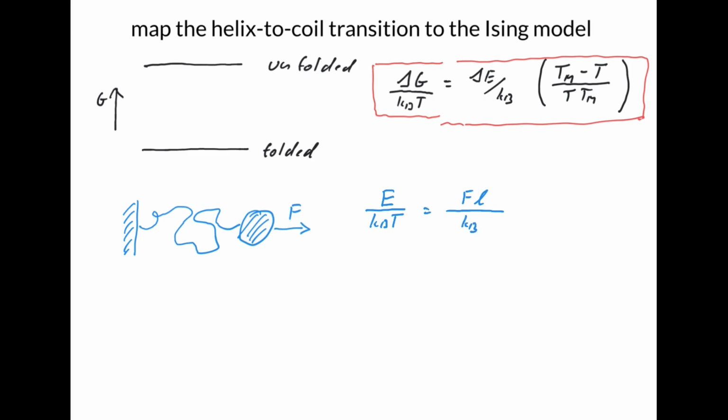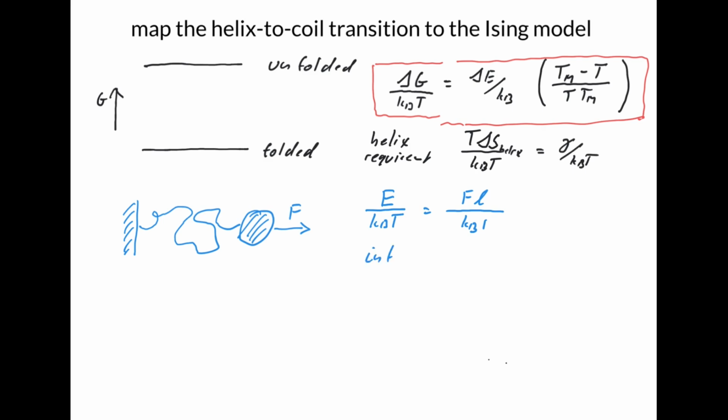Further, in our description, we needed to introduce an interaction parameter between neighboring amino acids for the description of the requirement for a helix formation, and that we set equal to gamma divided by kBT, which equals T times delta S helix divided by kBT.